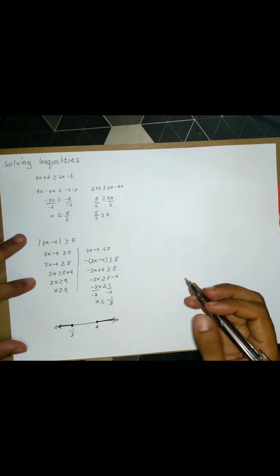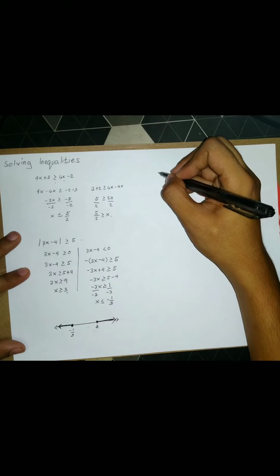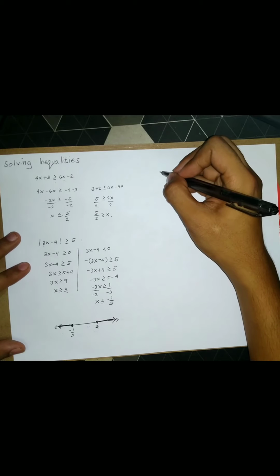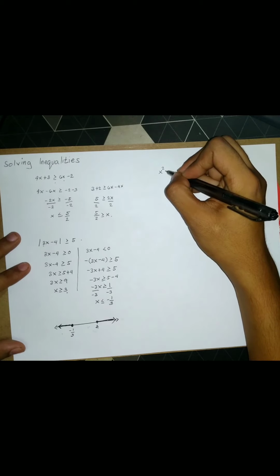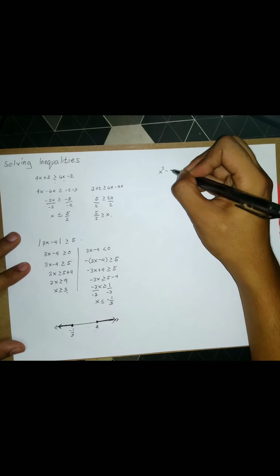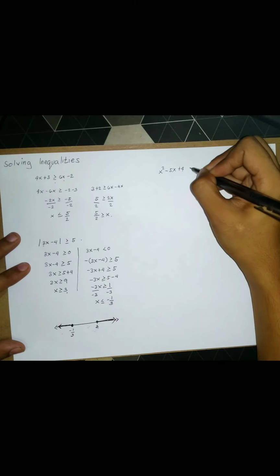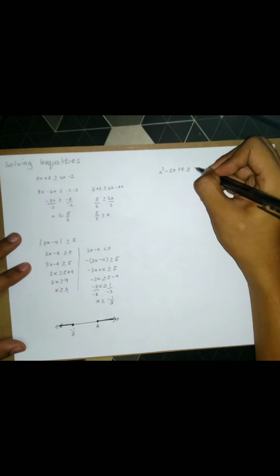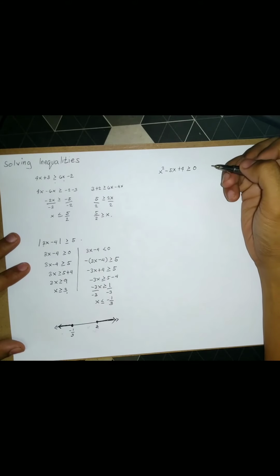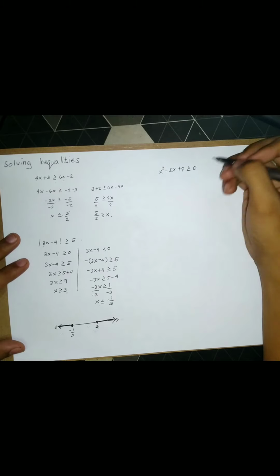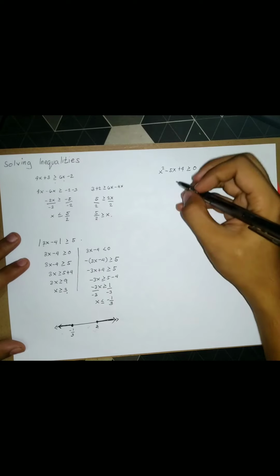Okay, what if we have a quadratic equation? Or a quadratic inequality, I should say. Let's say we have x squared minus 5x plus 4 is, let's say, greater than or equal to 0. Again, just like with how you would solve a quadratic equation, this time we also apply factoring.